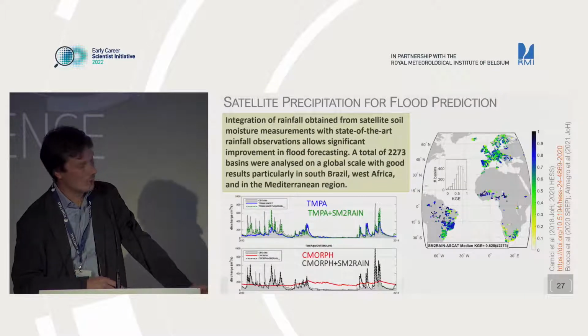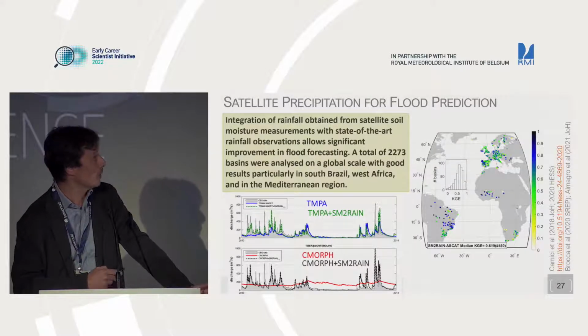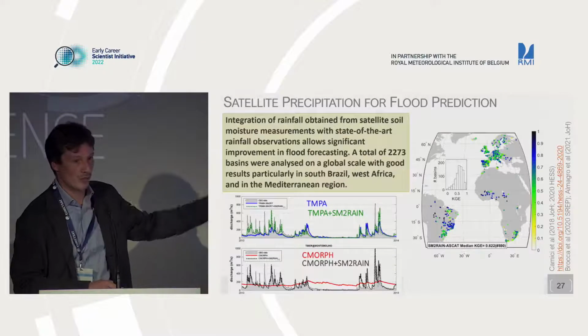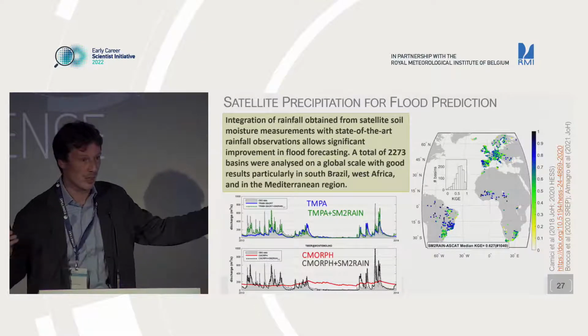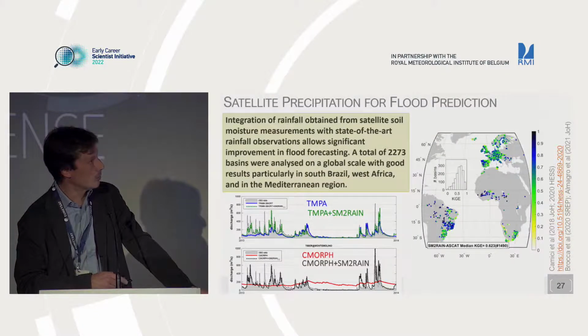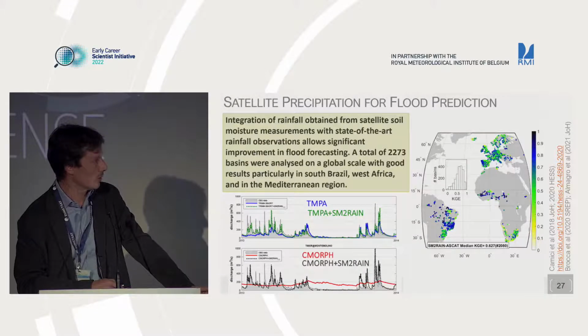Of course, this is done with several colleagues, but we have now tested satellite precipitation data for more than 2,000 catchments. At the beginning of my career, when you did this kind of analysis for 5 catchments, it was a big analysis. Now we can do it with satellite data for more than 2,000 catchments, and the color of the dots, blue is good, lets you understand the quality of the data. It's quite impressive what we can do now with satellite precipitation for hydrology.